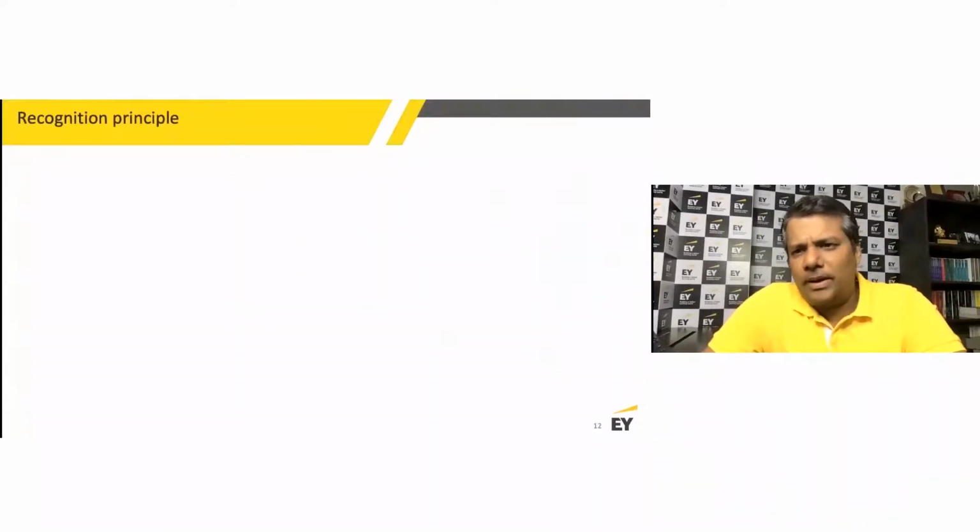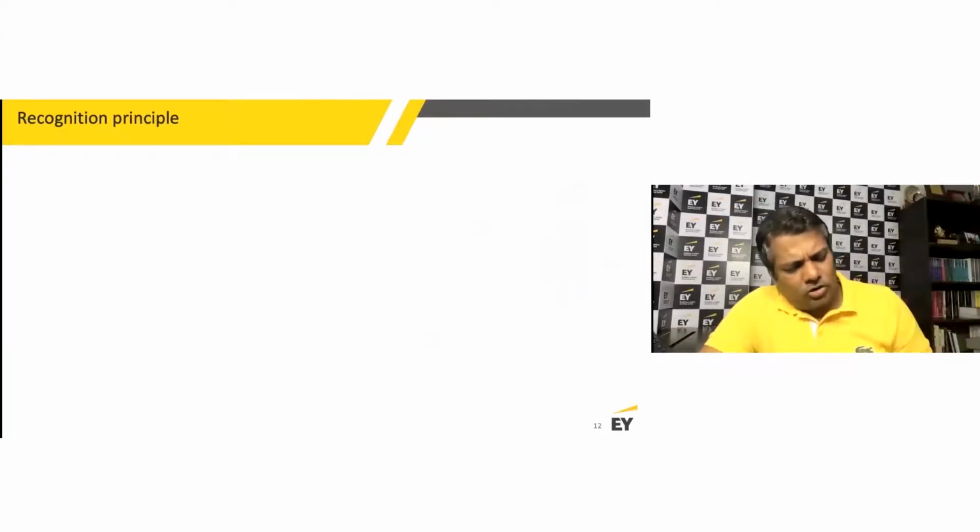So let's now talk about the recognition principle. We talked about the scope of what all is covered: a transaction with the employee, a transaction with the non-employee, and whether it is an equity settled share-based arrangement, a cash settled one, or one that comes with an alternative. We picked up several examples to help you understand.